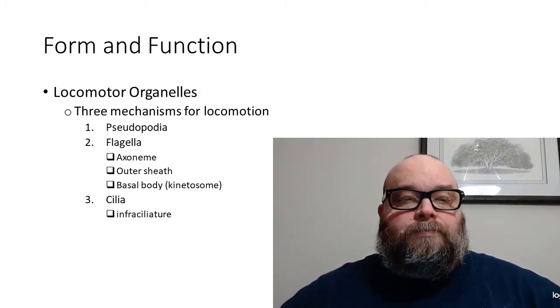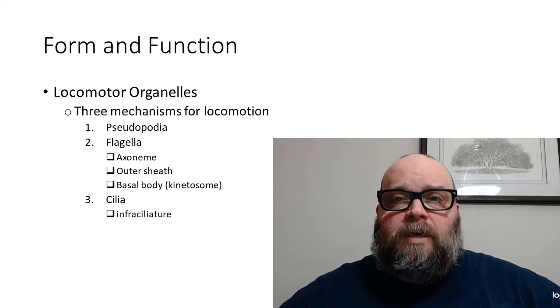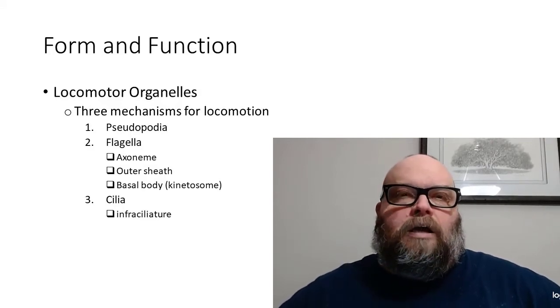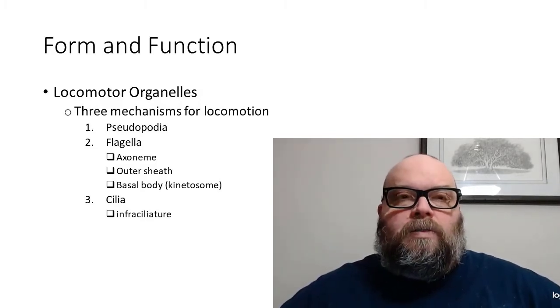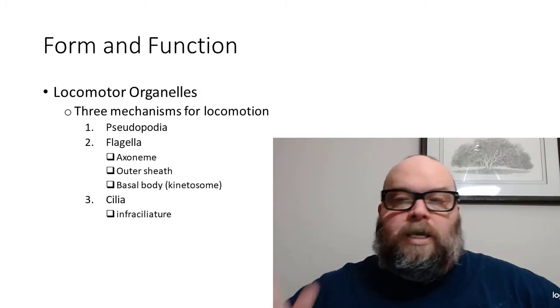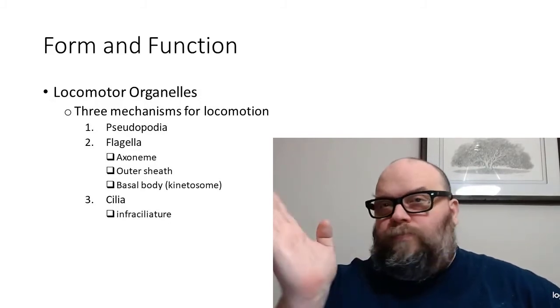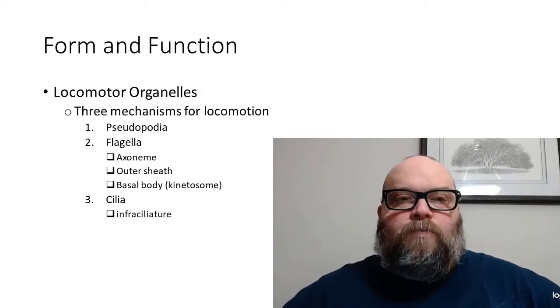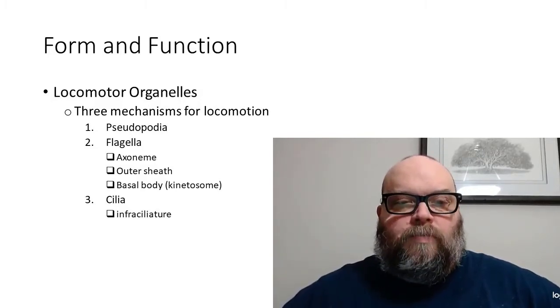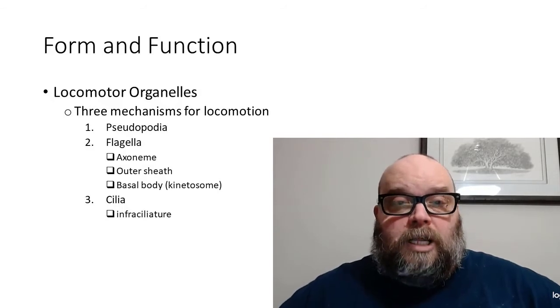We also have the undulating structures, which the textbook and many of the papers refer to as undulipodia. These structures undulate and move the water, and if you move enough water, you move the cell. First one is the flagella.